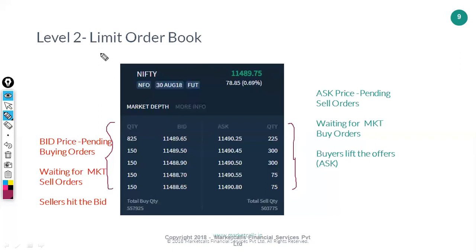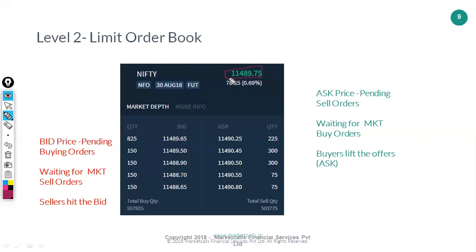The book itself is called a limit order book, which shows only passive players, who put in the limit price and sit idle. They don't have any control in moving the markets. Let's say the current market price is 11,489.75.